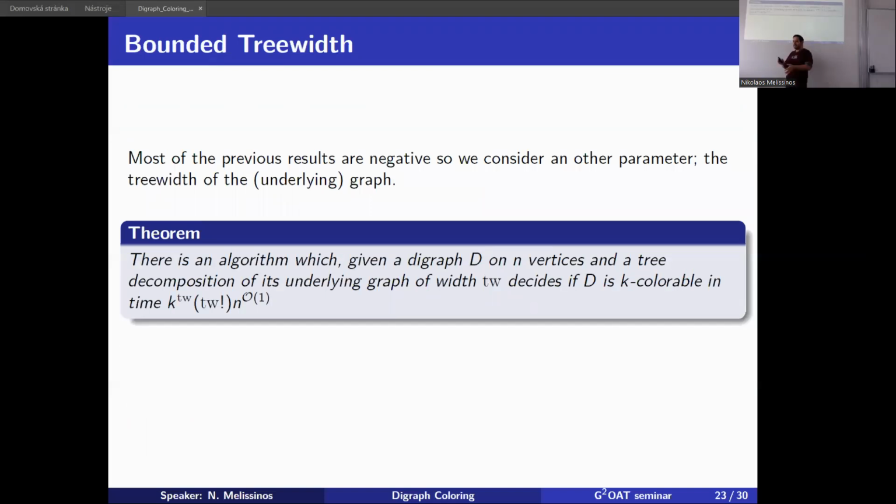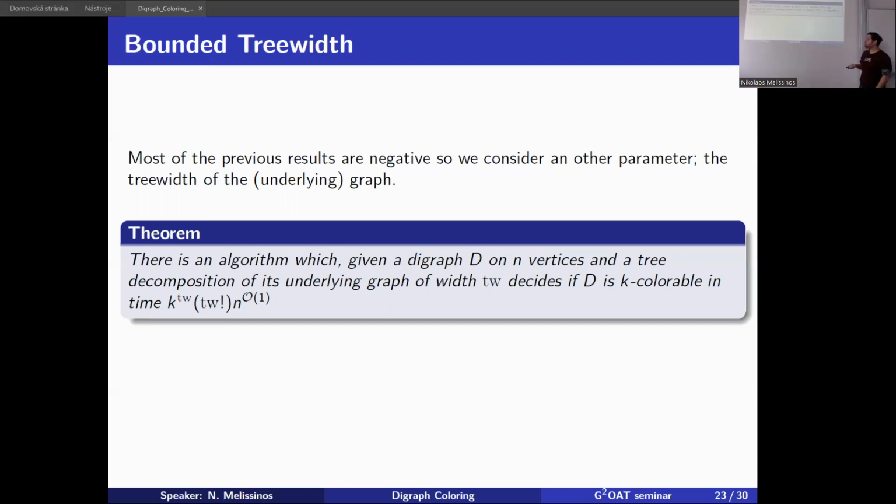What we managed to show is that there is an algorithm that calculates the number of colors you need to color the graph in k to the power of treewidth times treewidth factorial times a polynomial of n, which is not a really nice running time. And notice here that the number of colors is always bounded by the treewidth. So this is FPT by the treewidth.